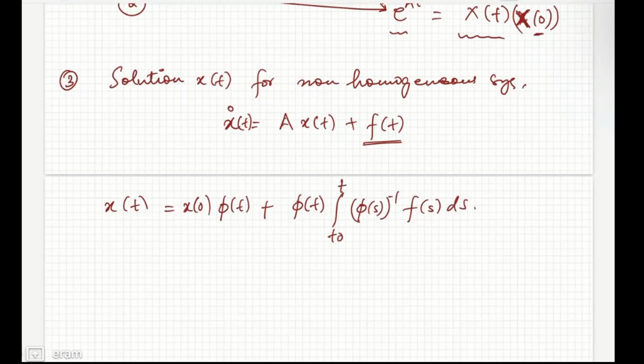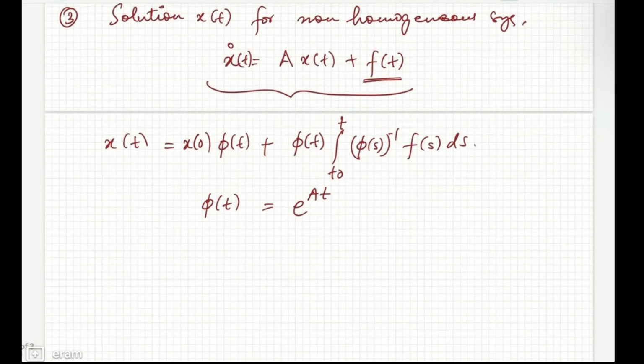This is how you can calculate the solution for a non-homogeneous system. And we know for a system of this form, phi(t) can be given as e to the power At. That is the state transition matrix.